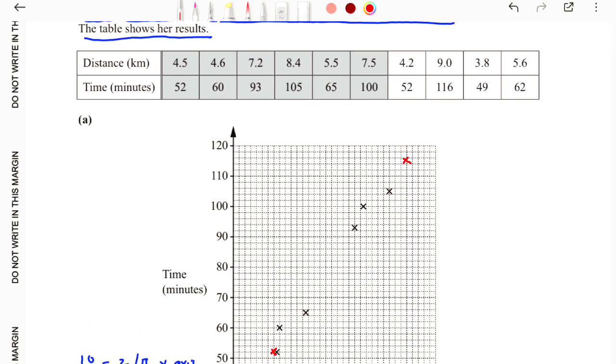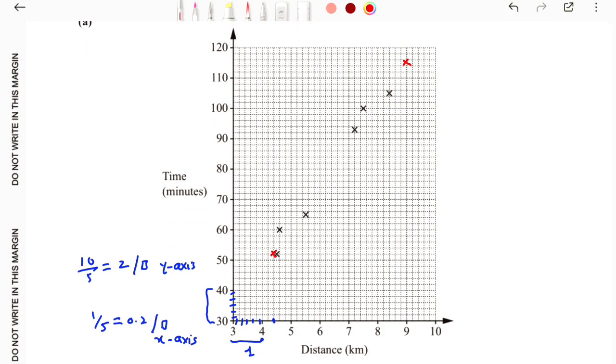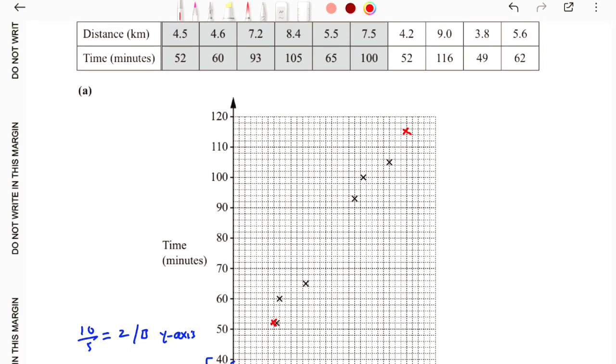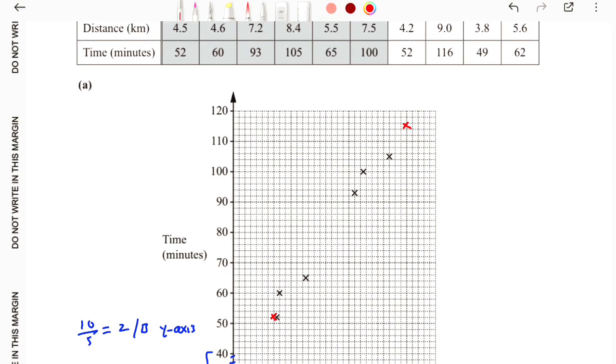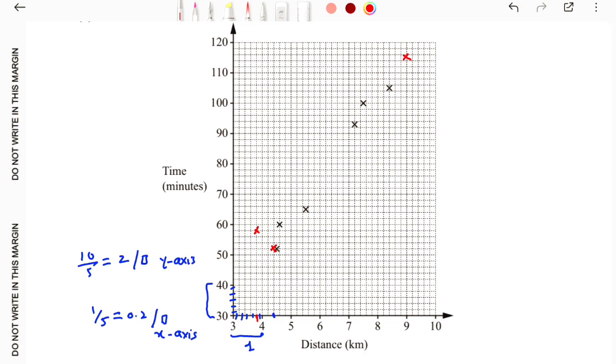Now 3.8 and 49. 3.8 would be here, like this point, and 49 would be here, a little bit below 60. Then 5.6 and 62 would be here approximately.